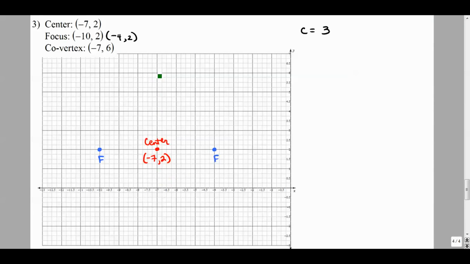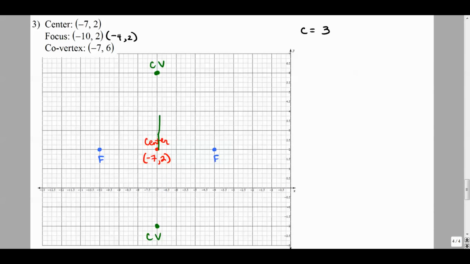One of my co-vertices is -7, 6. So that's up here. And lowercase b is 4 units. So I'm going to go 4 units down and put one right there. 1, 2, 3, 4. Yeah, that works.